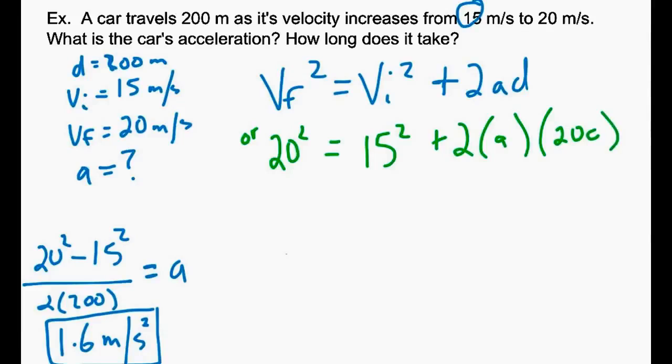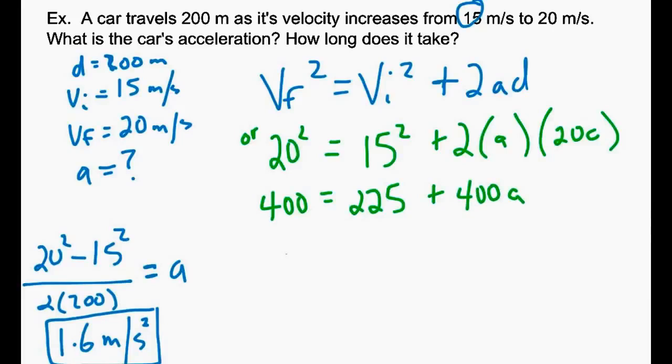Okay, so if you're going to solve it this way, the next step is just to figure out all the numbers. So 20 squared is 400. Just simplify everything into numbers. We'd have 400 equals 15 squared, which is 225, and then we'd have 2 times A times 200. Let's just go 2 times 200 would be 400, and let's put the A at the end.